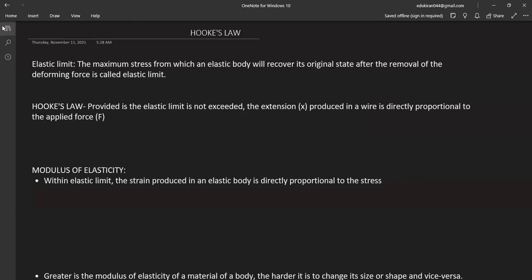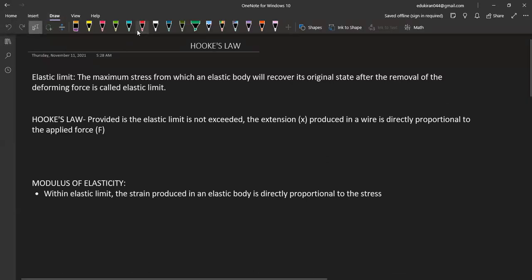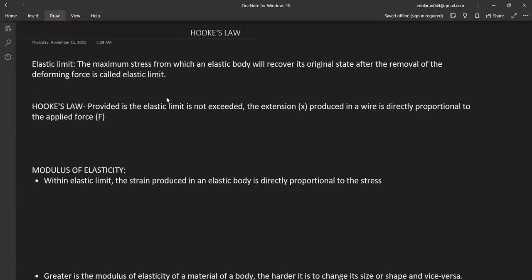See, when we are referring to Hooke's law, what is meant by it? Firstly, just understand what is meant by elastic limit first. There is a maximum value of stress that can be applied to the body, with that the body can bear.